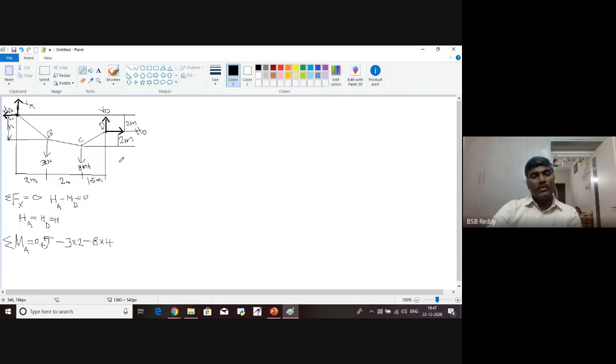Then the other two forces: VD into 2 plus 2, 4, plus 1.5, that is 5.5.